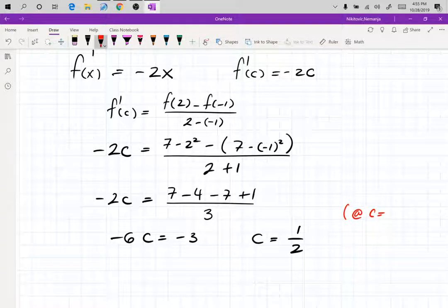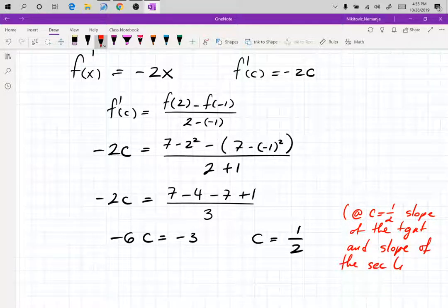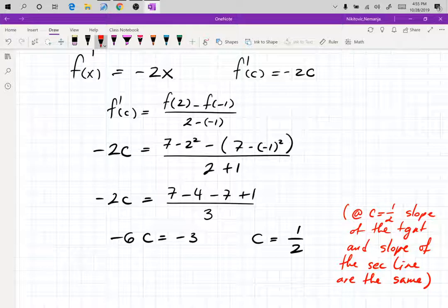At c equals 1/2, slope of the tangent and slope of the secant line are the same. There we go.